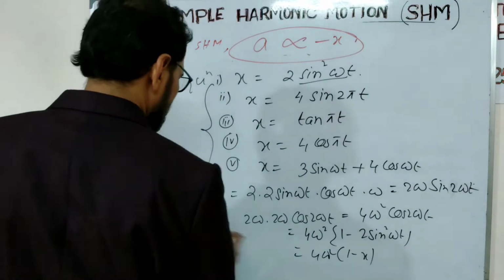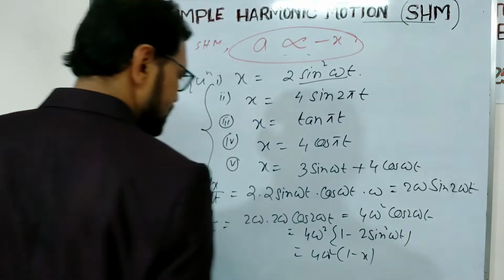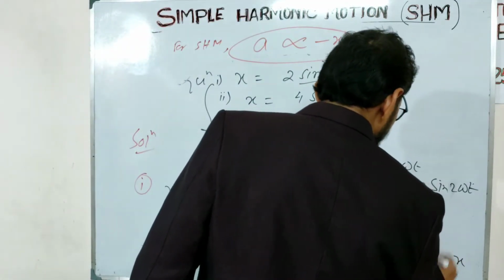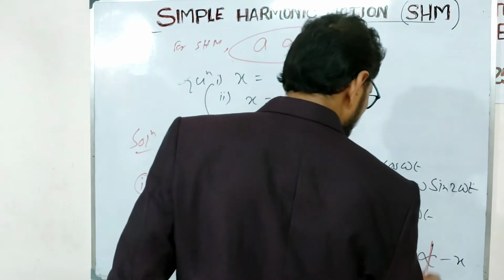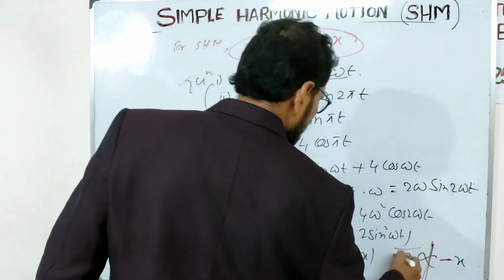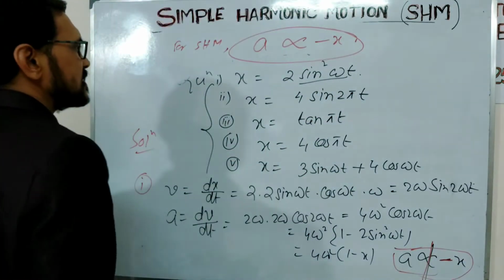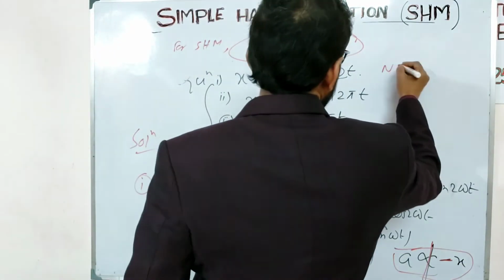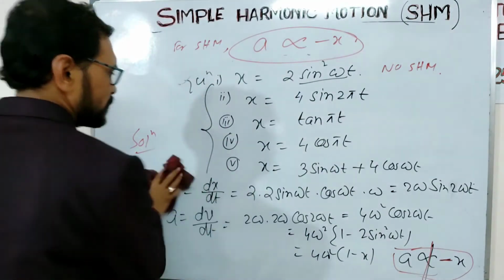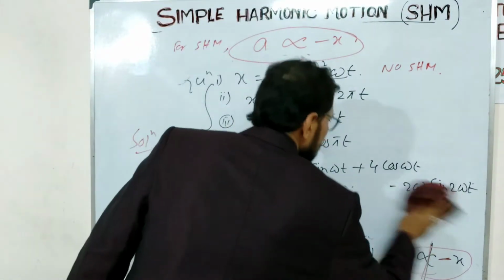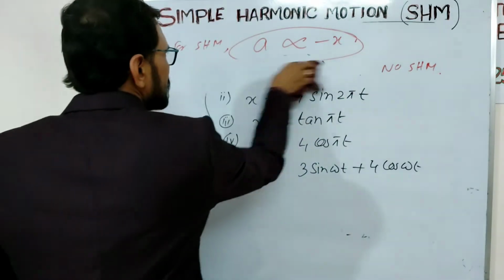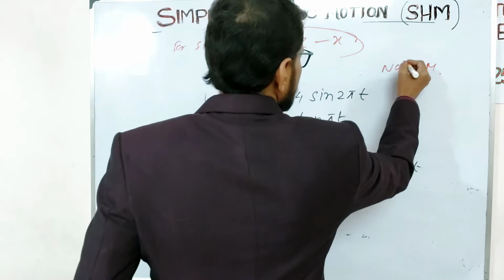Now a equals this, so a is not directly proportional to minus x, and we cannot express this in that form, so this is not SHM.